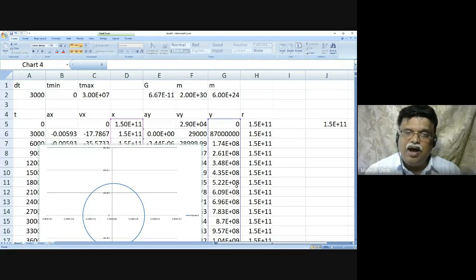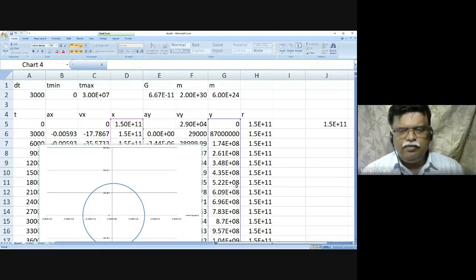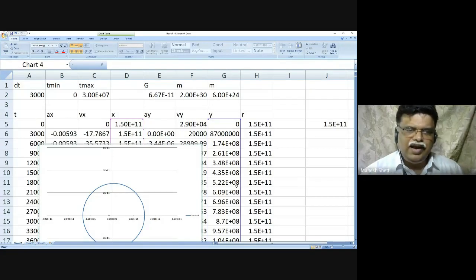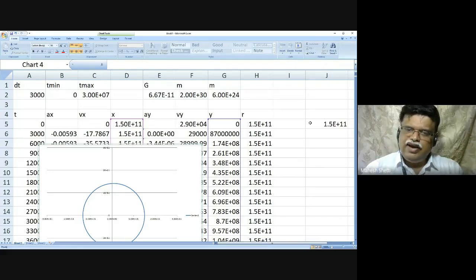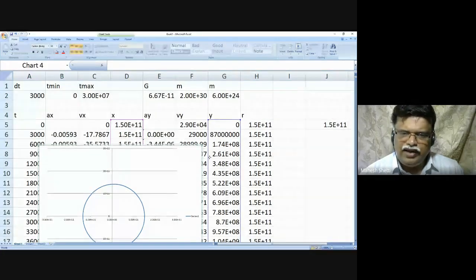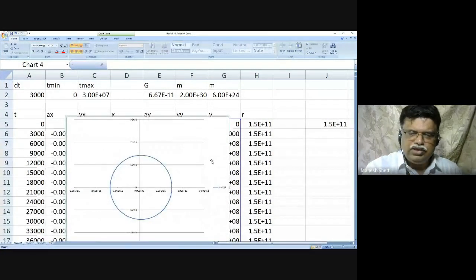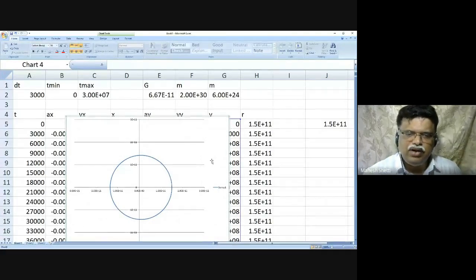But if you have multiple bodies playing a role, then in general you can write ax, vx, x, ay, vy, y, and az, vz, z, and you can simulate everything in 3 dimensions. The only thing is, while plotting, you will not be able to plot all those 3-dimensional things. You will be able to plot only a 2-dimensional structure.